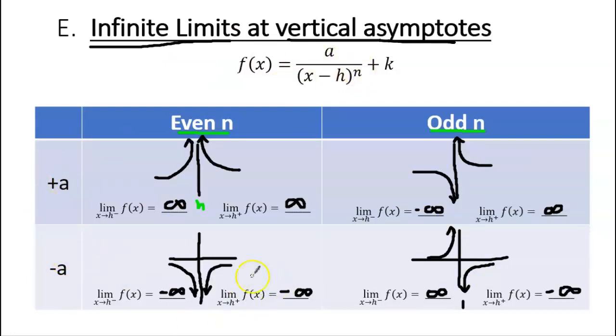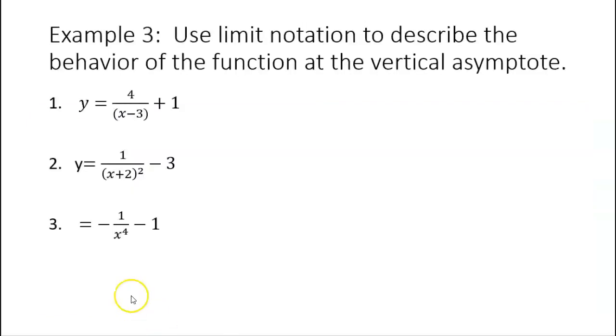Let's go ahead and see if we could describe the infinite limits at the vertical asymptotes for our functions. All right, so example 3. First of all, we have to decide what kind of shape this graph is going to have. So I have an odd power here, and it's a positive fraction.